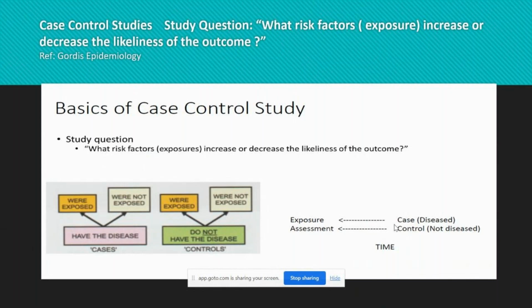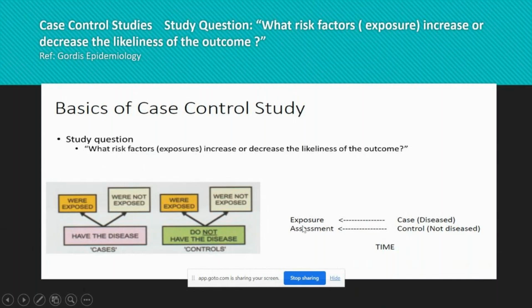So we can say that a case control study is a type of observational study in which two existing groups differing in outcome are identified and compared on the basis of some supposed causal attributes. So the study question again: what risk factors or exposures increase or decrease the likeliness of the outcome?